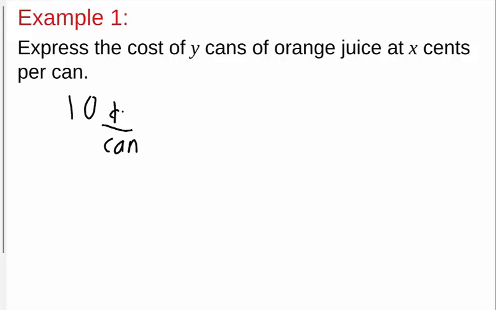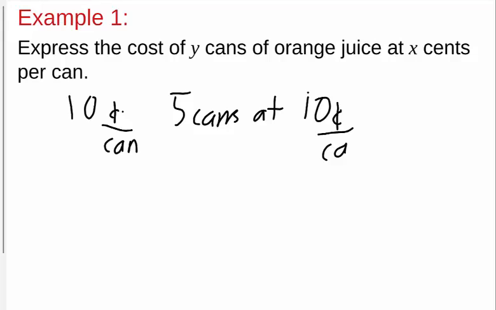So if I buy 5 cans at 10 cents per can, well, let's see here. To figure that out, I know I'd multiply. And if we multiply, cans cancels out with cans. 5 times 10 is 50, and that's 50 cents. So we know, therefore, that we're multiplying.